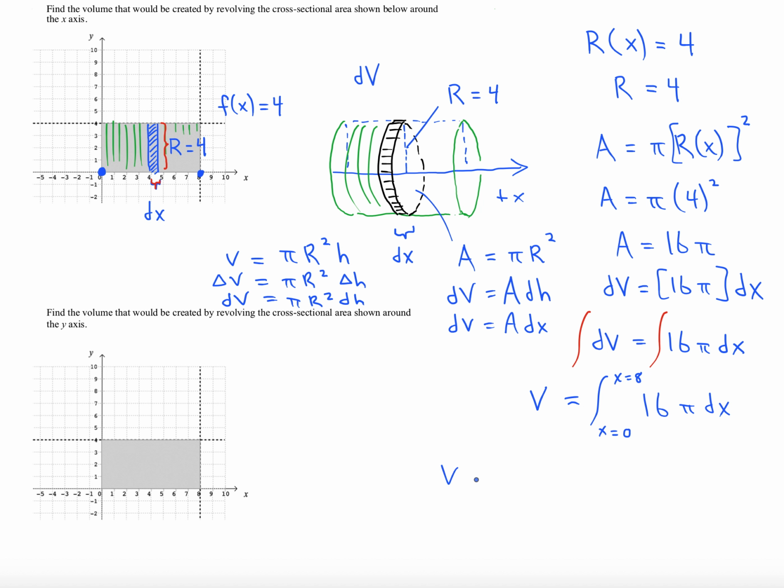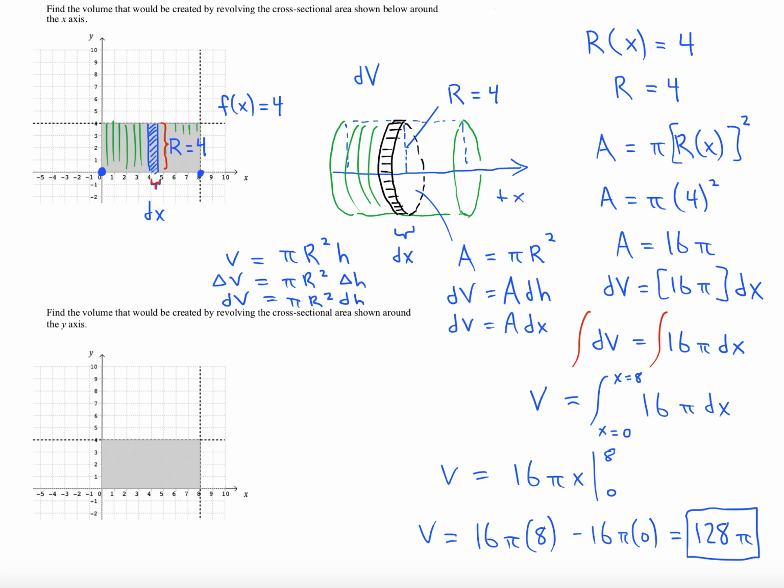Okay. Take our antiderivative. Do it from 0 to 8. The volume is 128 pi.